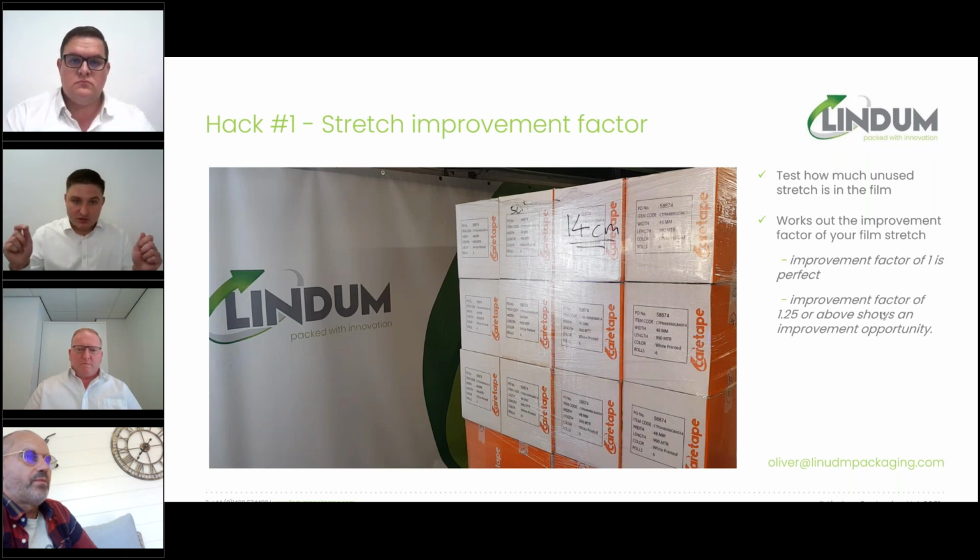You wouldn't get any more stretch out of it. When you try this, it's quite simple to do. If you get anything more than an improvement factor of 1.25, that shows that you've got some room for stability improvement. If you have any problems trying this, my email address is on the slide. I'd be really glad to hear how you get on, and I'd be happy to help.